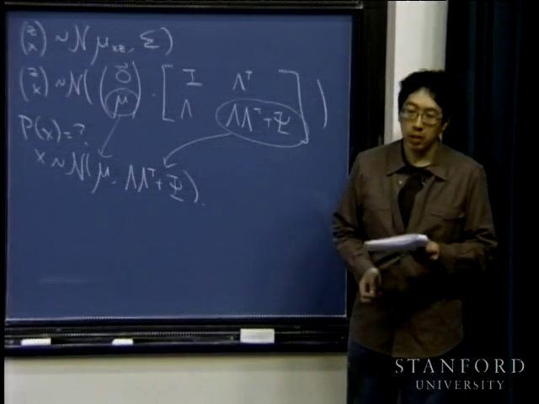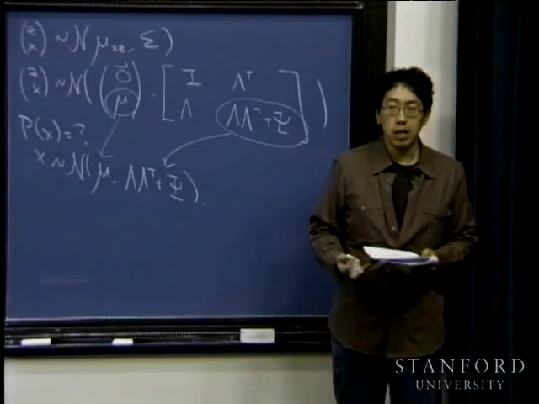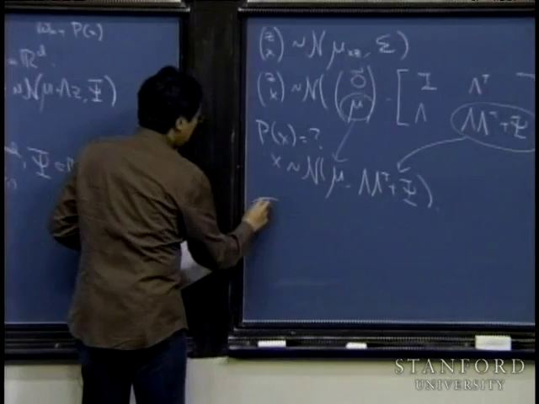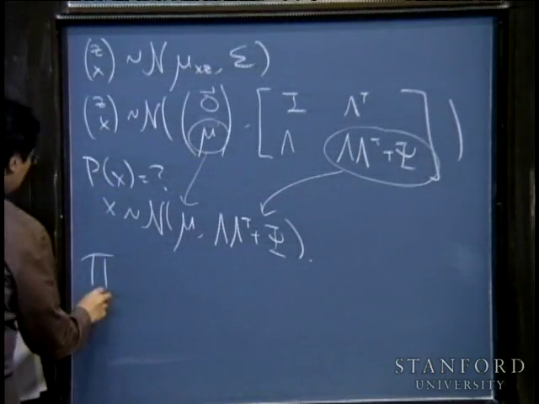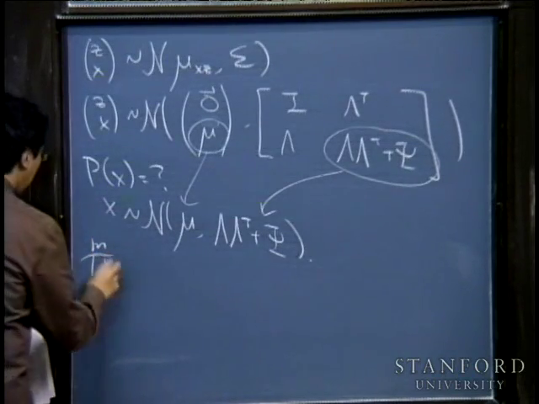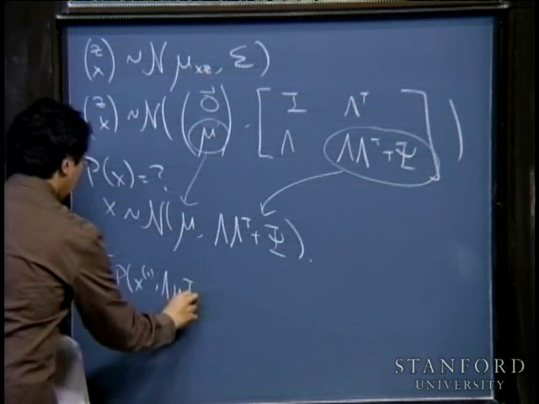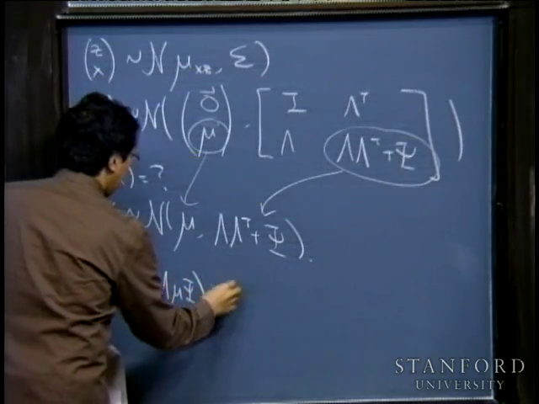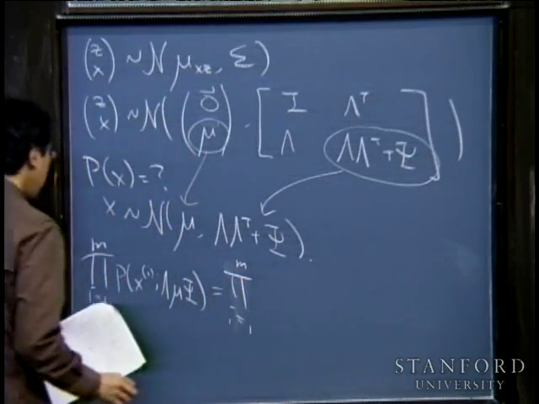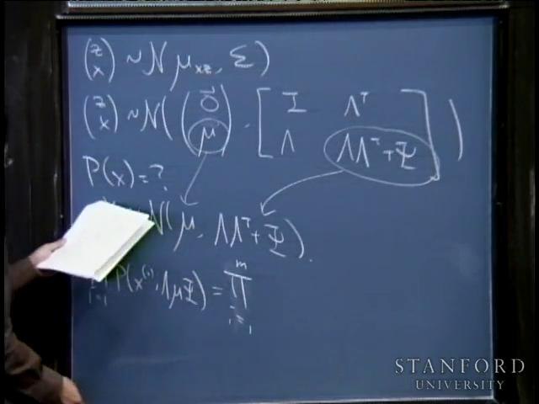Since this is the marginal distribution of x, given my training set of m unlabeled examples, I can actually write down the log likelihood of my training set, right? So actually, let me just write down the likelihood. The likelihood of my parameters given my training set is the product from i equals 1 to m of p of x i given the parameters. And I can actually write down what that is, because x i is Gaussian with mean mu and covariance lambda lambda transpose plus psi.